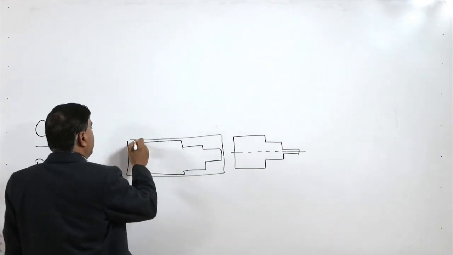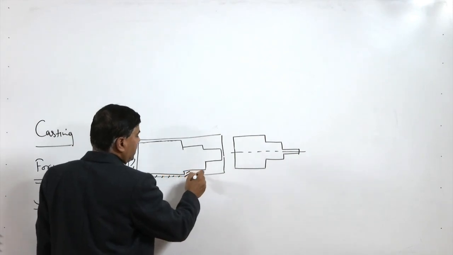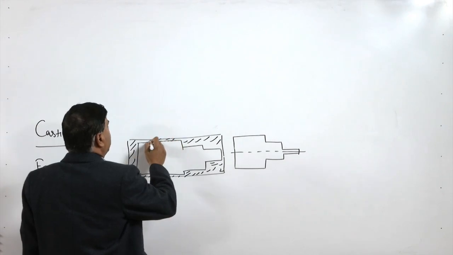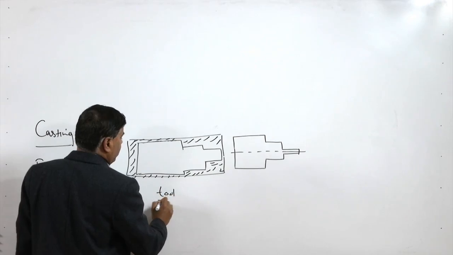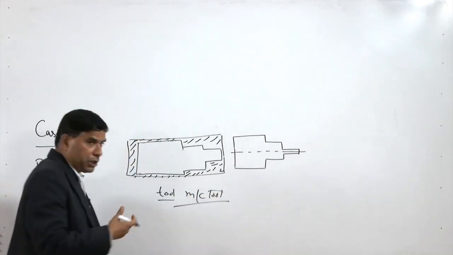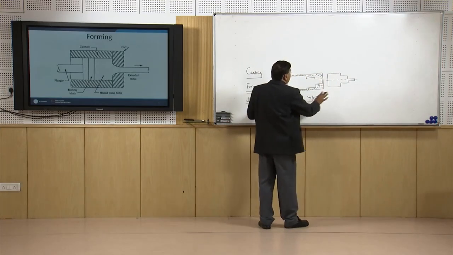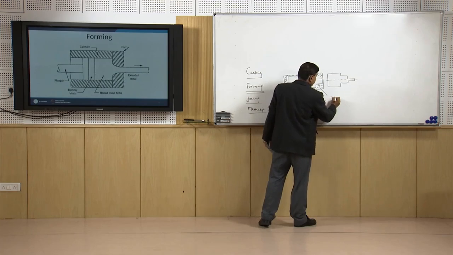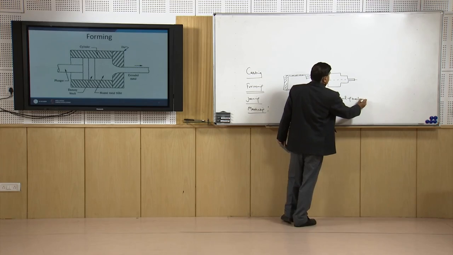All this hatched section, the material of the hatched section, needs to be removed, and for this purpose the material is removed with the help of suitable tools or machine tools. Controlled motion of the workpiece and tool helps to remove all this unwanted extra material. So, this is called removal of material.